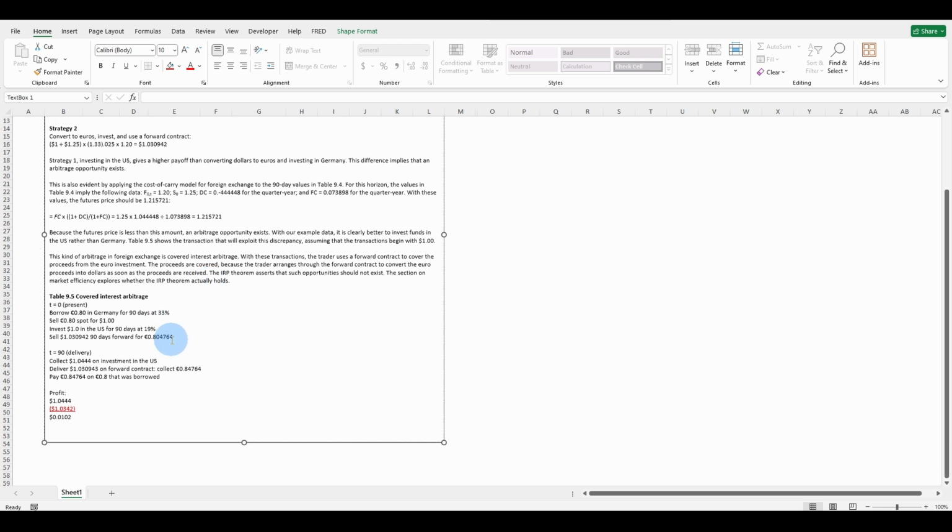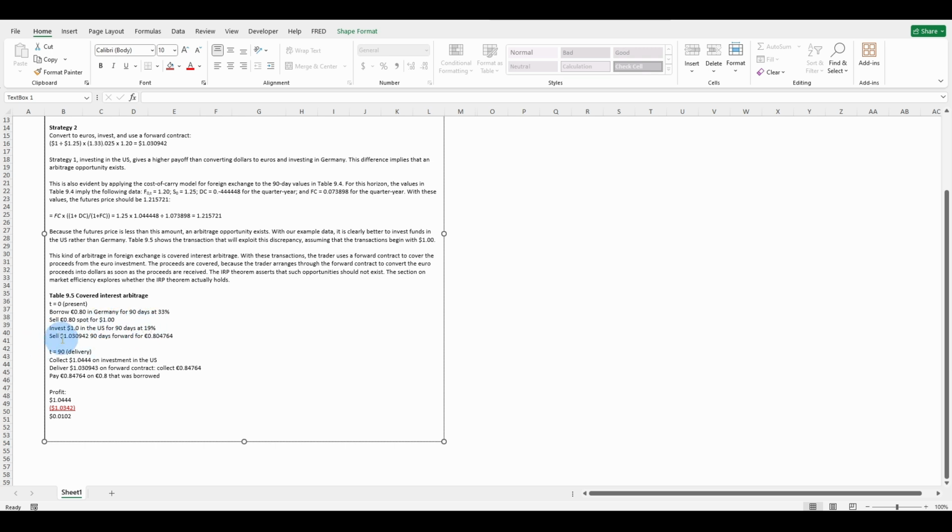Covered interest arbitrage, time is equal to present. Borrow 0.8 euro in Germany for 90 days at 33%. Sell 0.8 euro spot for $1. Invest $1 in the US for 90 days at 19%.